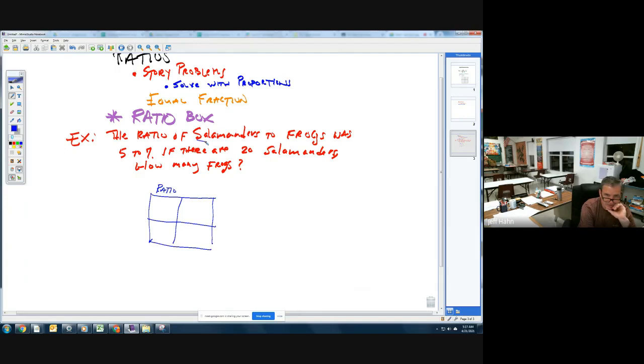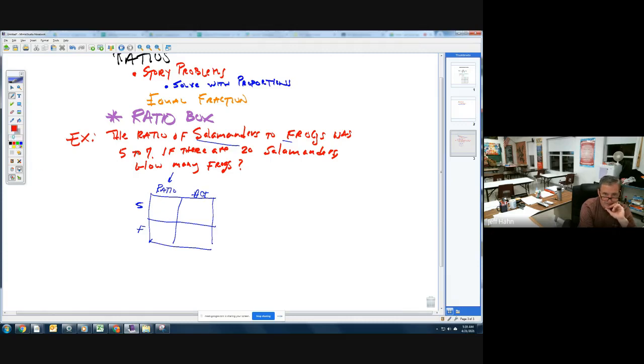I am comparing salamanders, so make sure you label this. Here's the salamanders, which you can just label with the letter S. I'm comparing that to frogs, so I put the letter F there. This is my ratio column, and the other column is what my actual numbers are.